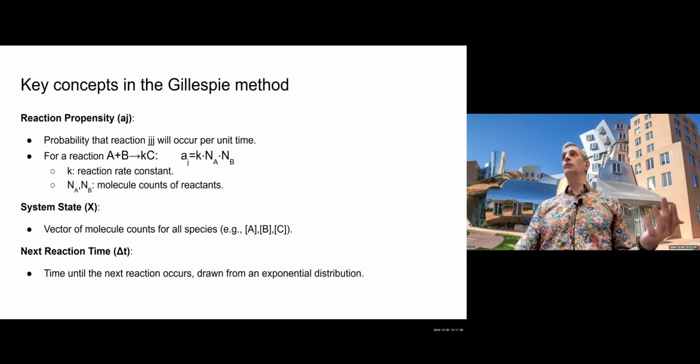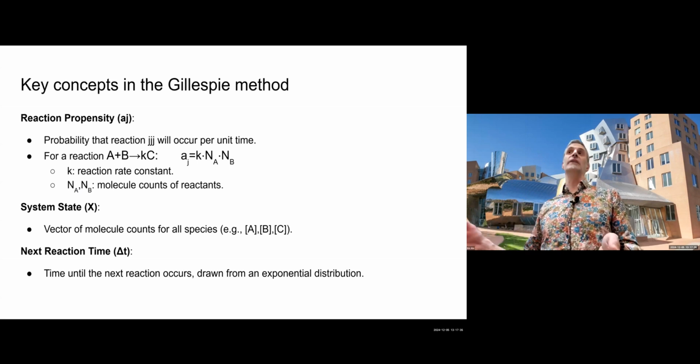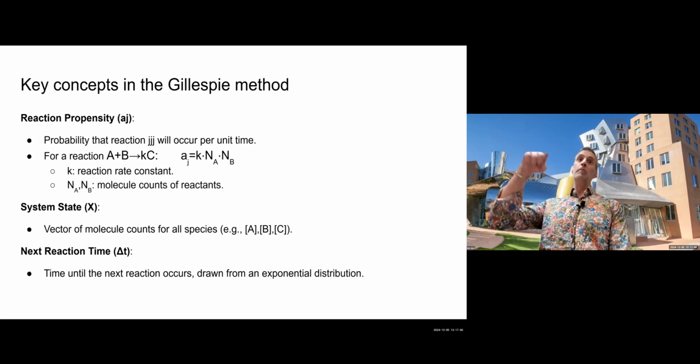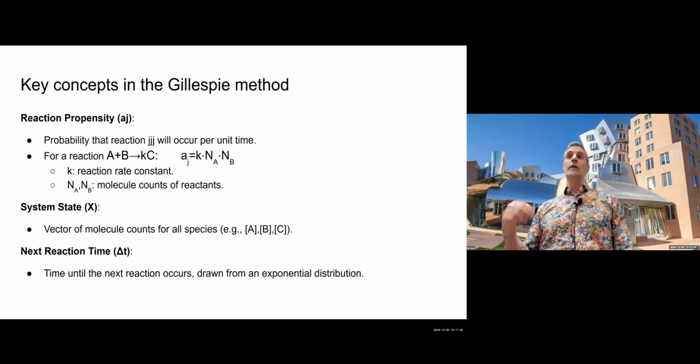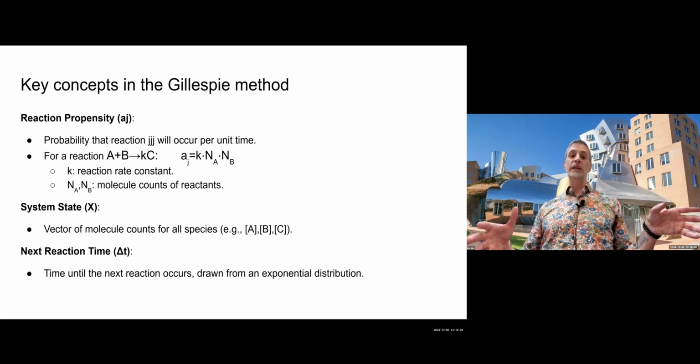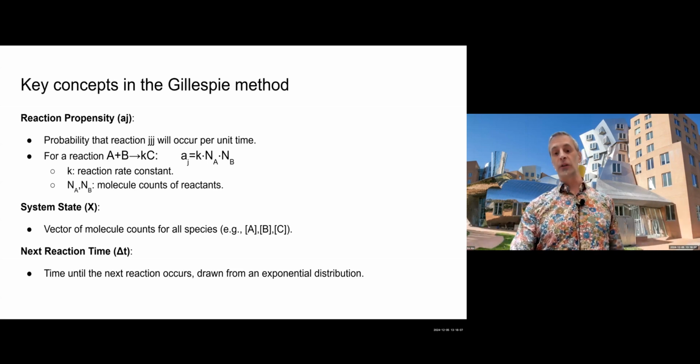So now, even if it has a really fast rate constant, the propensity of the reaction, because we've got the rate constant times the concentration of each of the substrates, is going to be 0, right? And as we start to build more and more of that substrate, then the propensity and the rate of that forward reaction is going to go up. So we'll calculate the reaction propensity, we'll calculate the next reaction time, and then we'll store the state of the system in a big vector that says how many molecules of each thing are currently present in the cell.